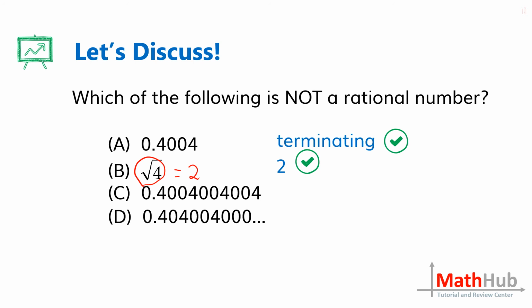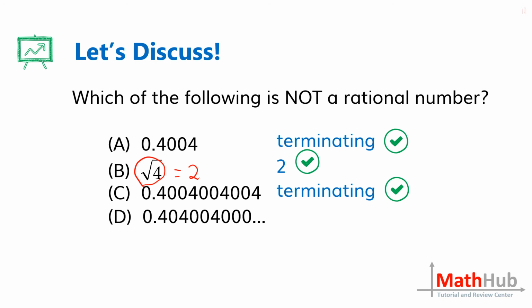Next, let's look at letter C. What do we have here? Again, it is still terminating. So just like in letter A, it's also rational.